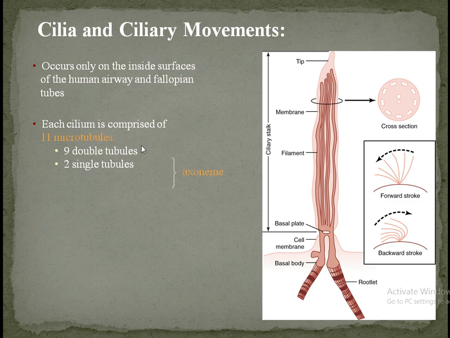The cilia move forward with a sudden rapid whip-like stroke 10 to 20 times per second, beginning sharply where it projects from the surface of the cell, and then it moves backward slowly to its initial place.